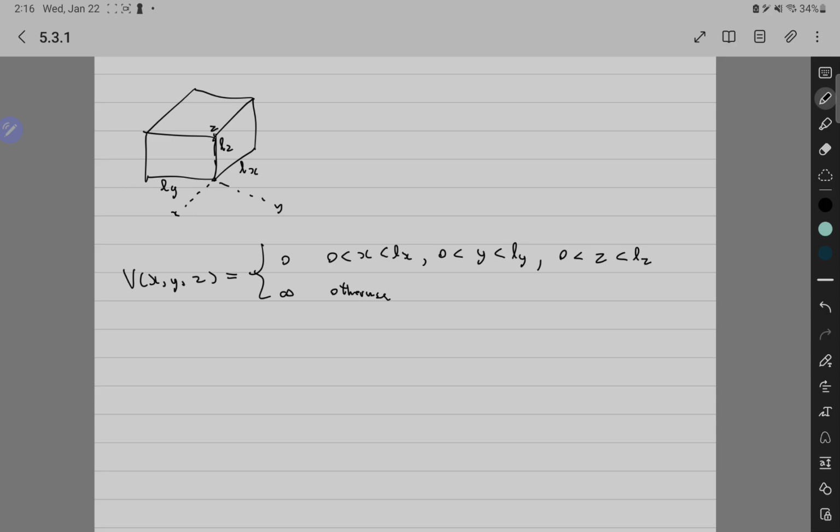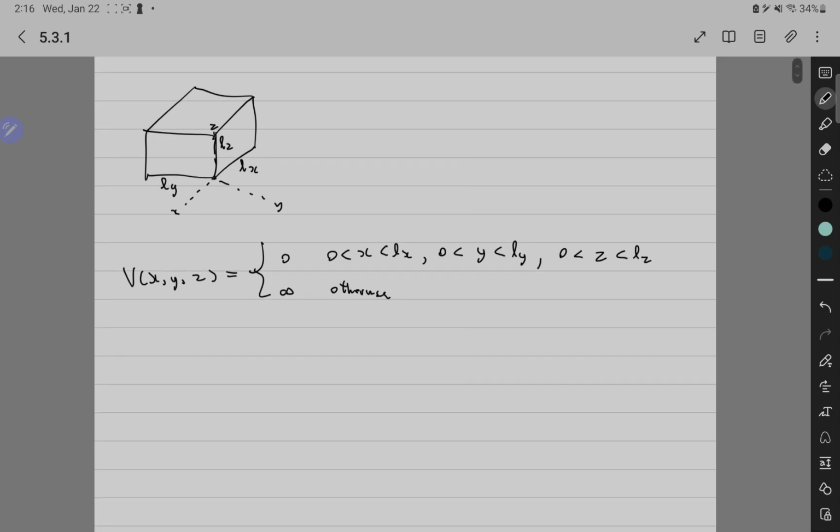So basically what this says is that when the electron's inside of the rectangular solid, where we're setting the boundary, it experiences no force at all. And this infinity implies that the electron cannot exist outside of the box that we have constructed.